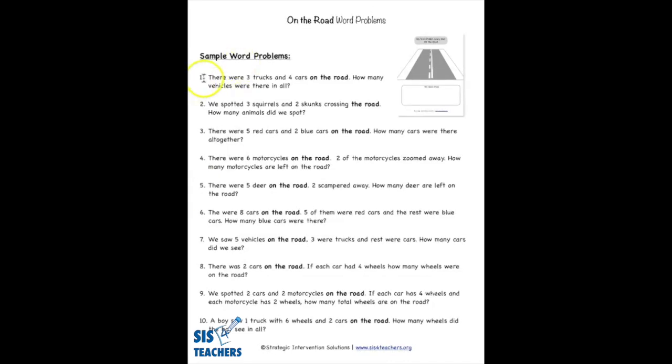When we look at the different problems that we have set out here, a lot of the problems in numbers 1, 2, and 3 really work on the concept of addition, taking a part and a total. In this example, number 4 and number 5 are subtraction word problems.